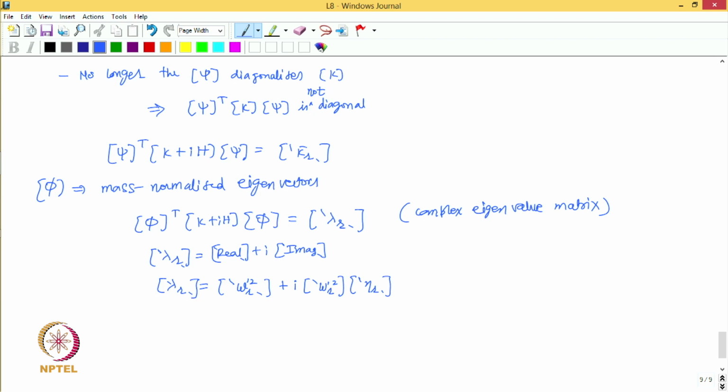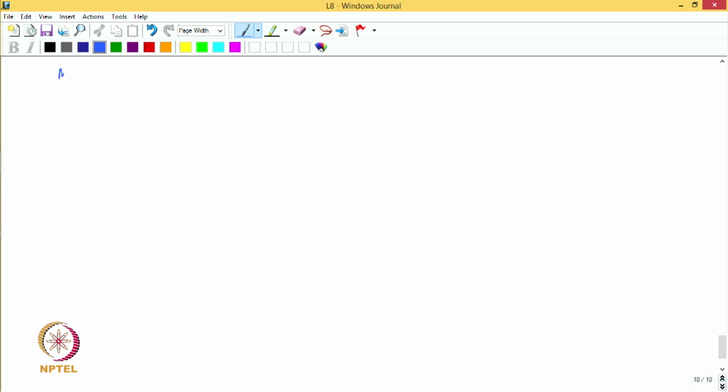Okay. So, now with this we can define the modal model of a multi-degree of freedom system with non-proportional damping.